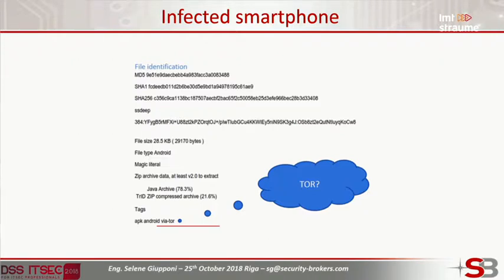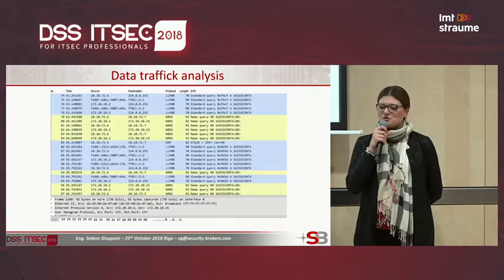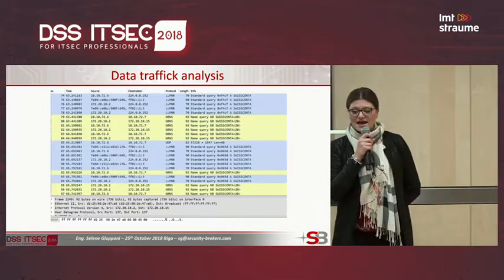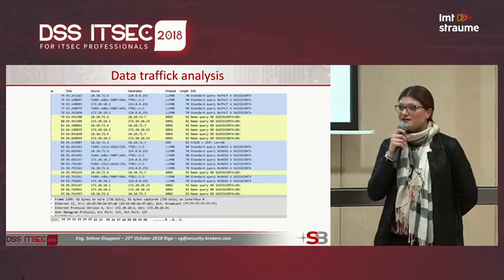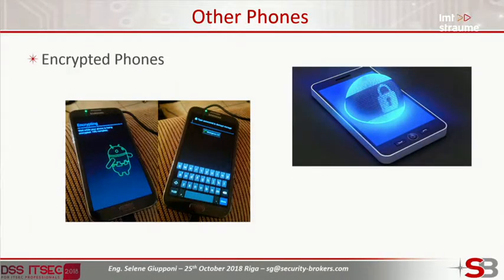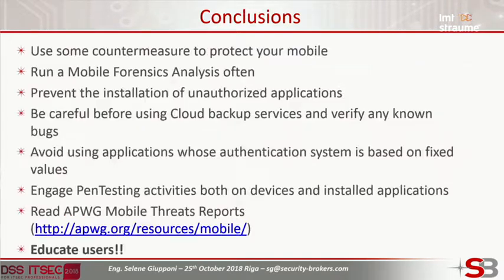At the end we found something, because we also did a data traffic analysis, and we discovered the attacker. We can analyze and decrypt encrypted phones in our field, but nowadays encrypted phones can also receive malware and spy tools.